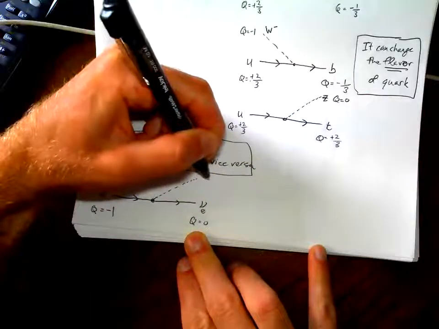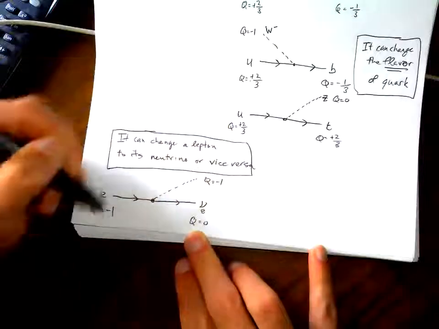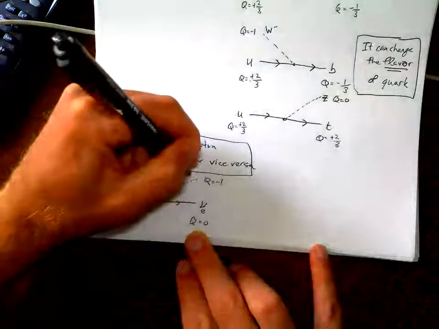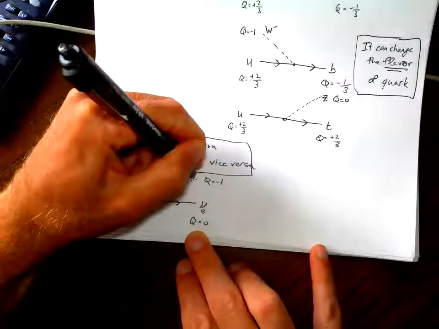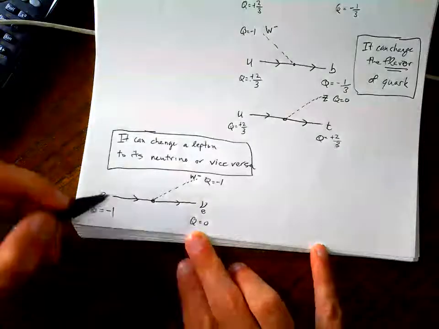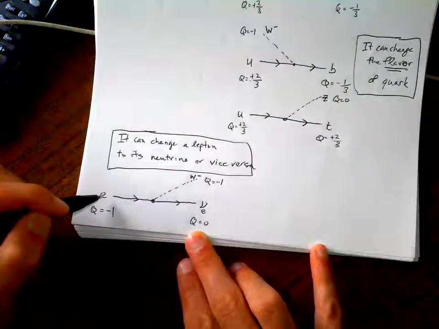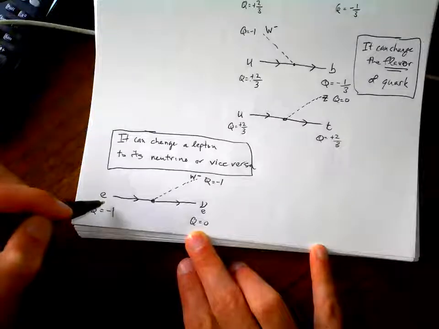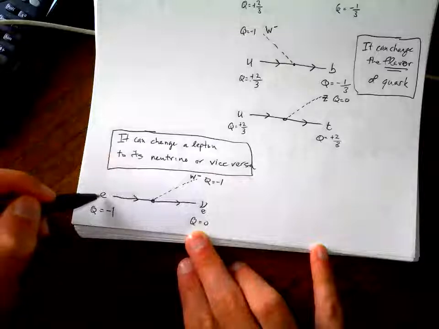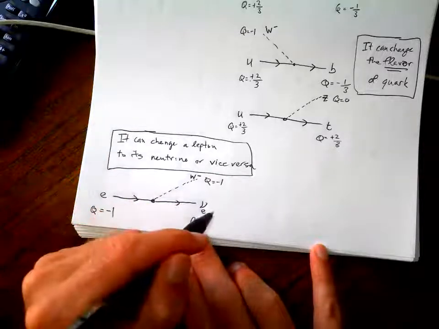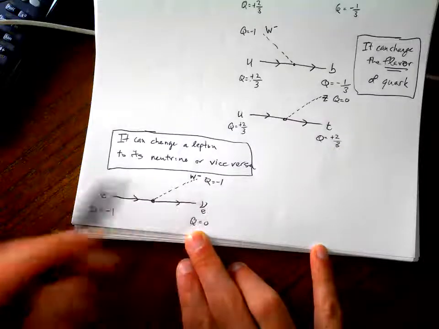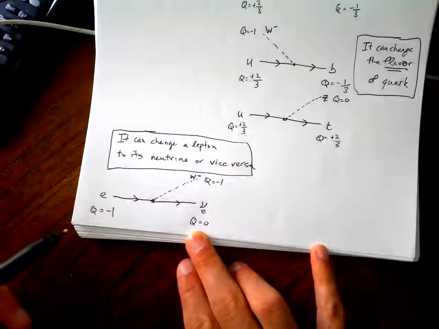So this had better have a charge of -1 in order to make the charge in the past equal to the charge in the future. So this would have to be a W-. The weak force has to change the lepton into the neutrino for that particular one. So the weak force can't change an electron into, for example, a muon neutrino, because that's not the neutrino for the electron. Okay.